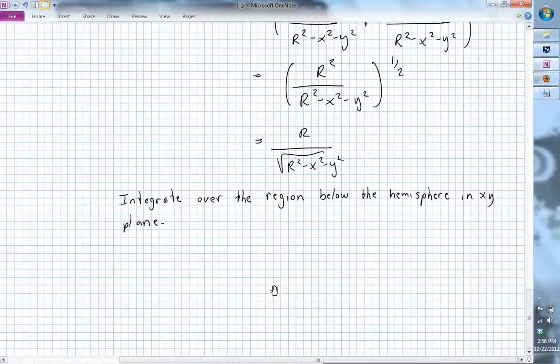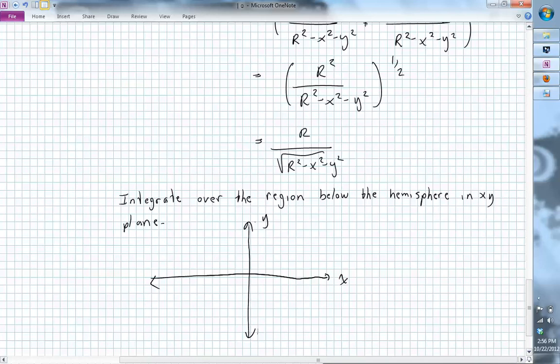Well, what does that look like? So what is the region below the hemisphere in the xy plane? Nick? Of radius r.